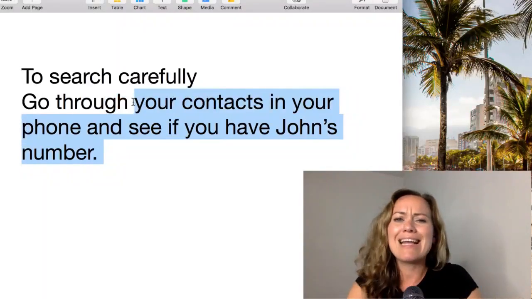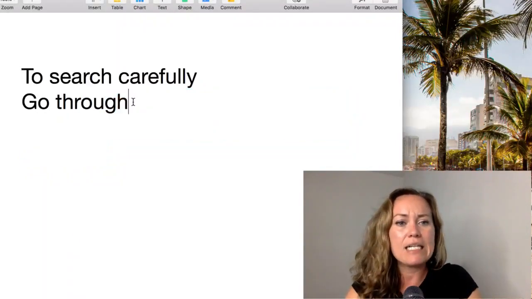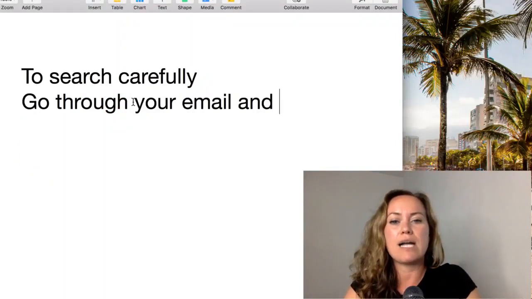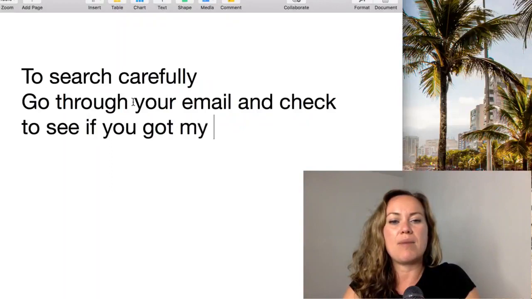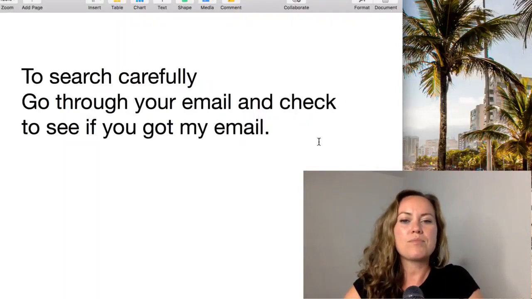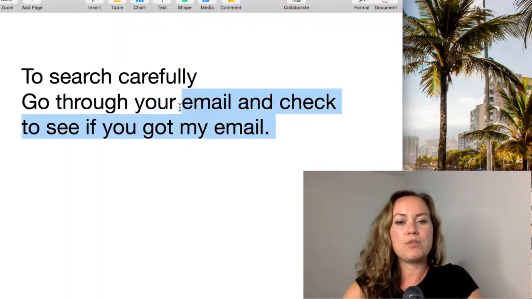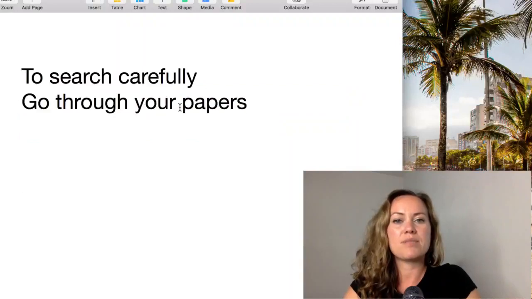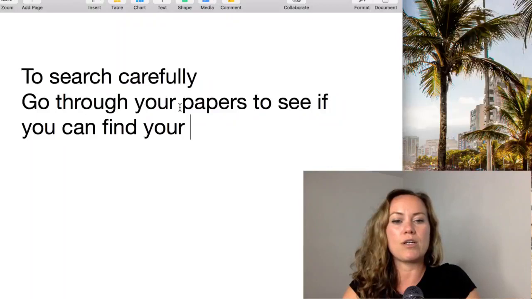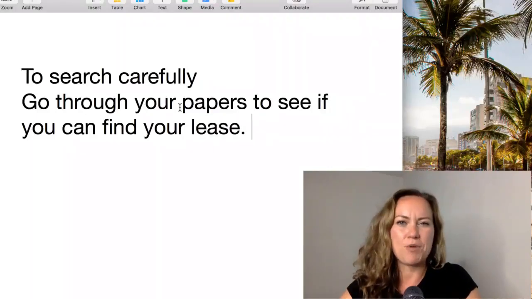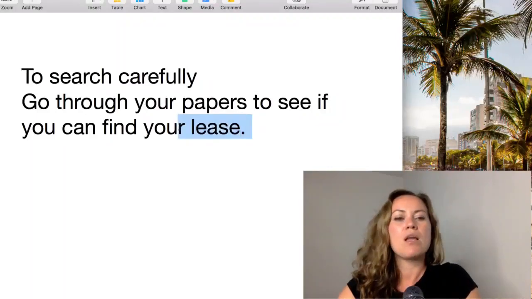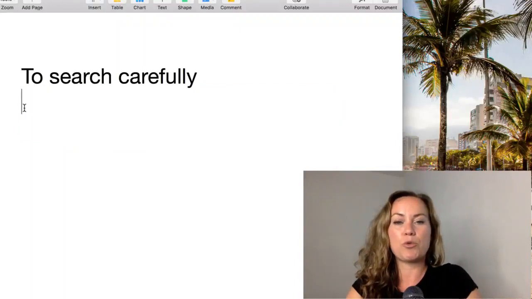How about, hey, I sent you an email. You didn't get it? Go through your email and check to see if you got my email. Go through your papers to see if you can find your lease, like if you have an apartment lease or something.